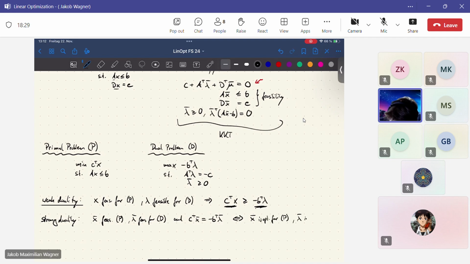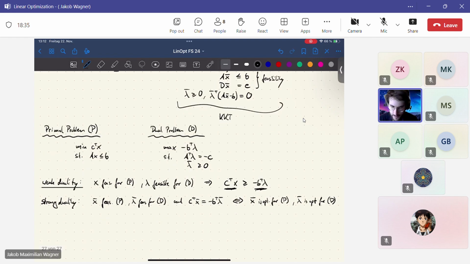and lambda bar is optimal for the dual problem, and we actually have KKT conditions with exactly this X bar and the lambda bar. In this case, we don't have a mu because we don't have equality constraints, but you can also show the variant with equality constraints.